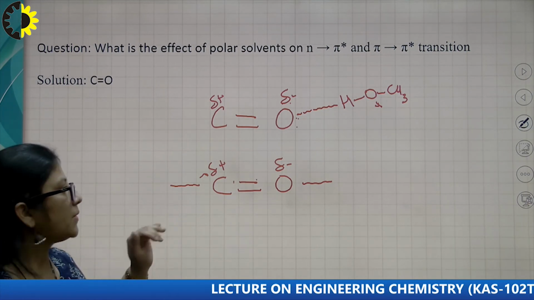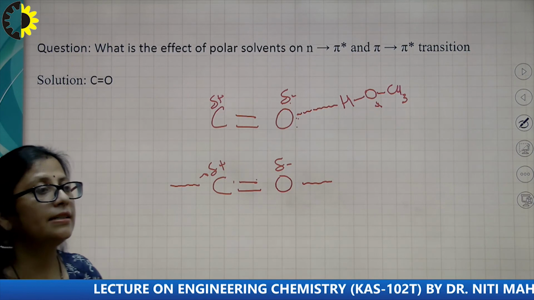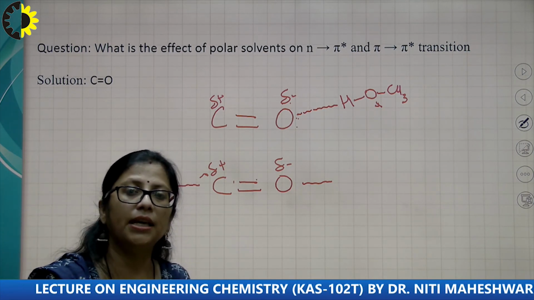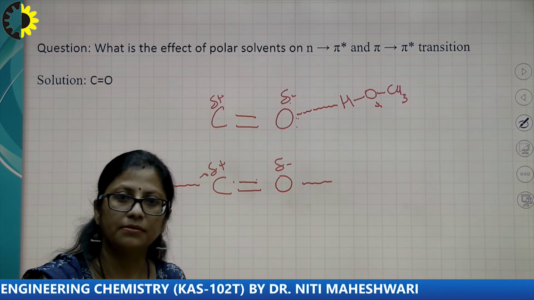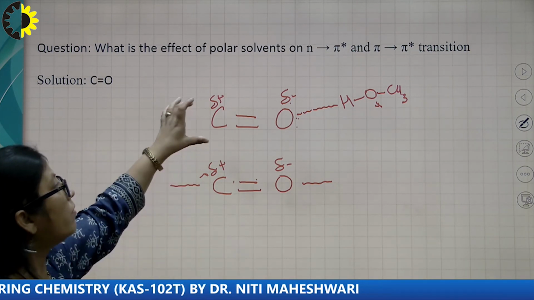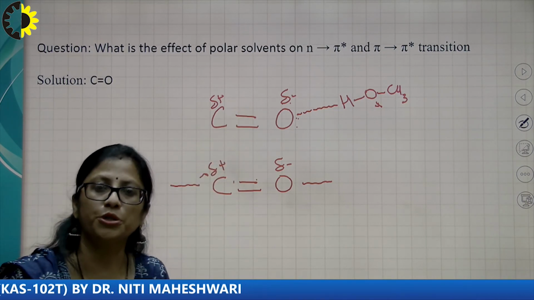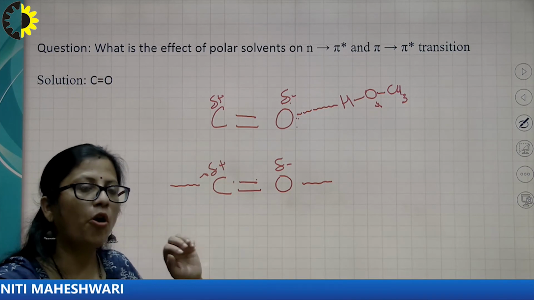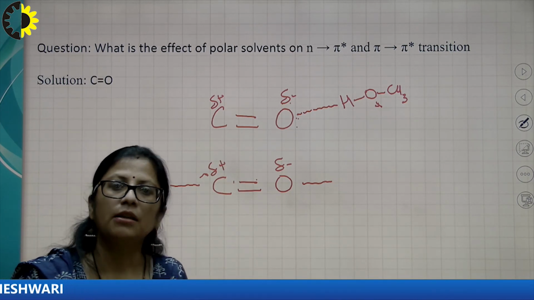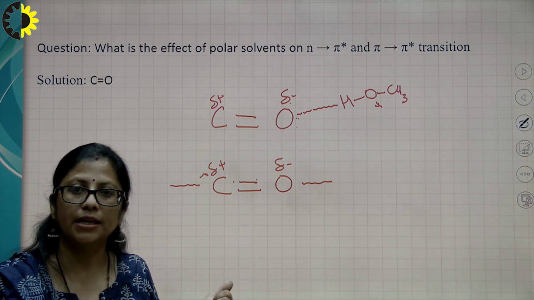So, this pi to pi star transition gets moved towards the longer wavelength side. So, in the polar solvents, our n to pi star moves towards the shorter wavelength, but pi to pi star, because the energy gets elevated, tends to move towards the longer wavelength side.